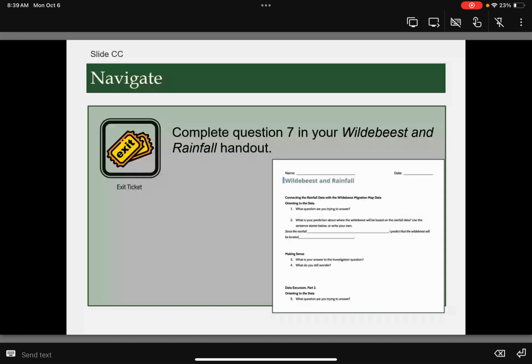So we should have gotten through this part, completing questions 7 and 8 on page 35. Should have, because when I checked them yesterday, they were pretty much all done.